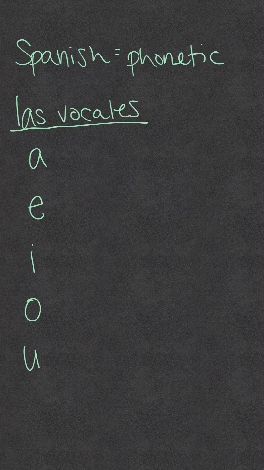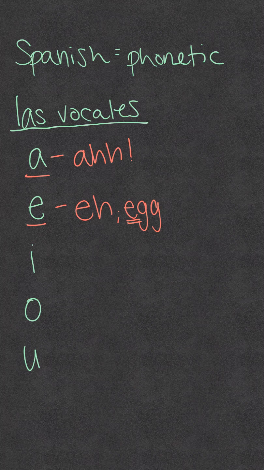So starting with A. For me, I kind of remember that like I'm at the doctor and they say ah. So you can practice with me. It is A. Our next one is E. For me, I can kind of represent it like that, as in like E. Also, if you say the word egg, you kind of get that first sound of that E, just like here.